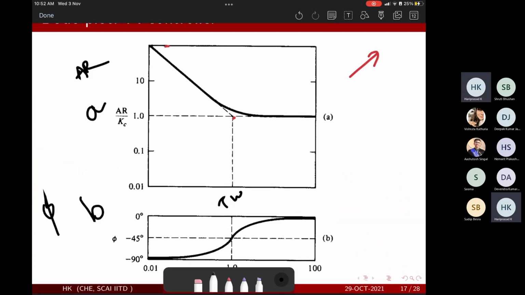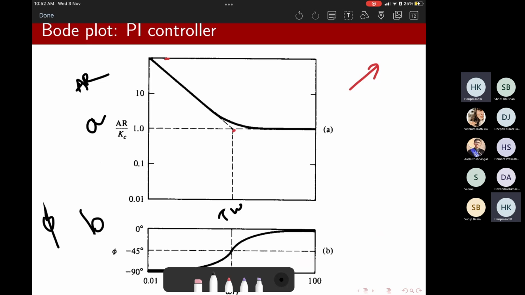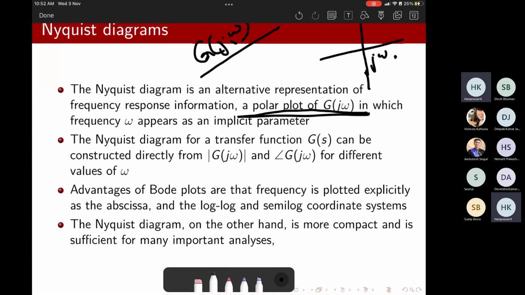So Bode used one aspect of it and represented it as a parametric plot. Nyquist used another aspect of it. The Bode plot seems complex because there are two plots, so let's embed the same information in the same graph, because for a complex number you can make a polar plot. So the point is, it's compact.